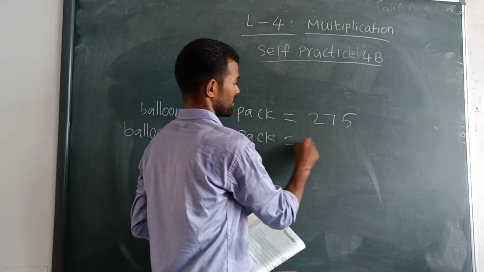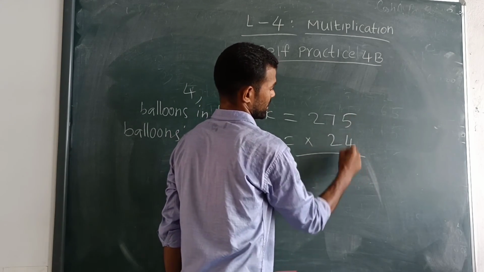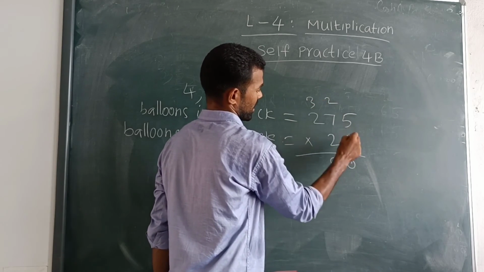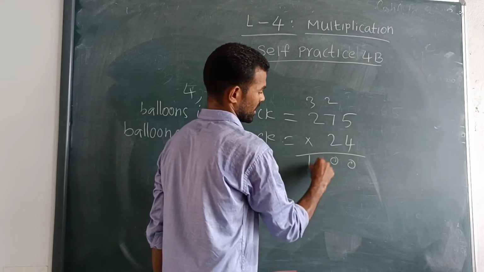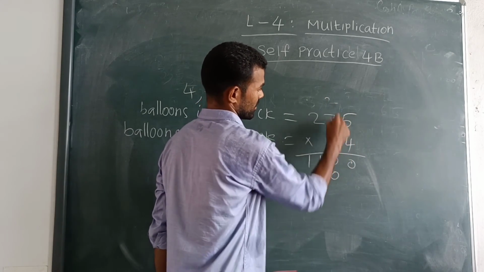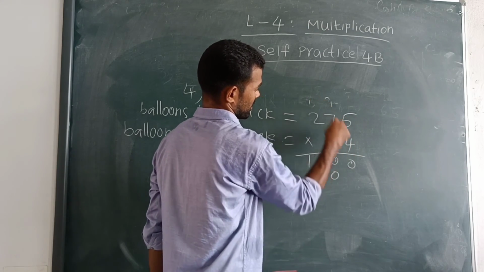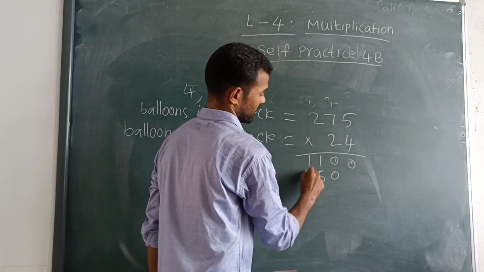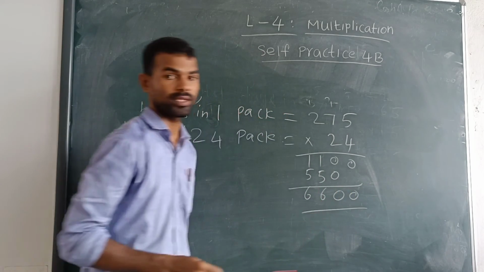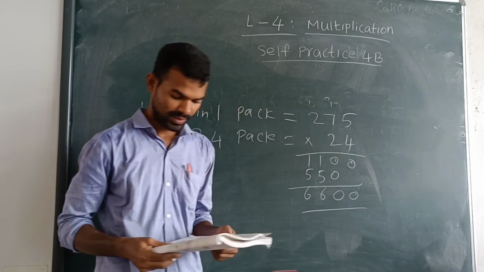That is multiply. 2 5s are 10, then 2 7s are 14 plus 1, 15, then 2 2s are 4 plus 1, 5. The answer is 6600. So this is the total balloons.